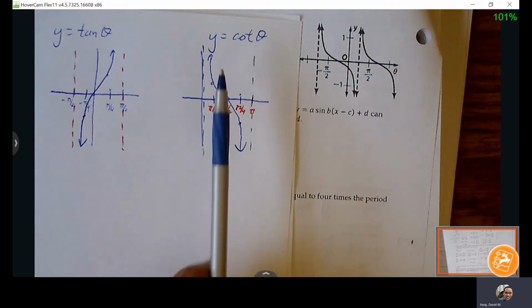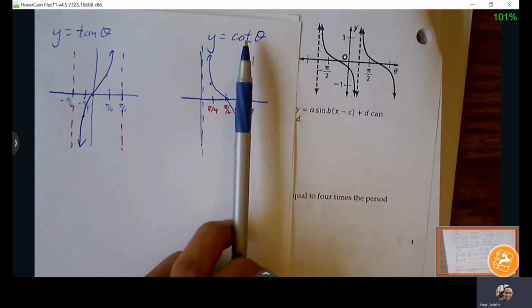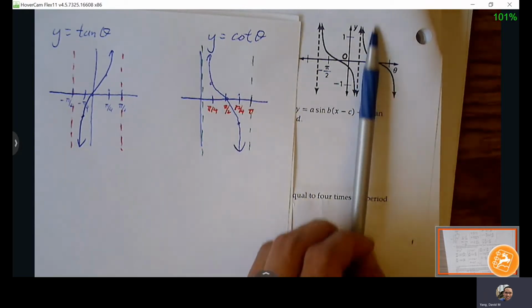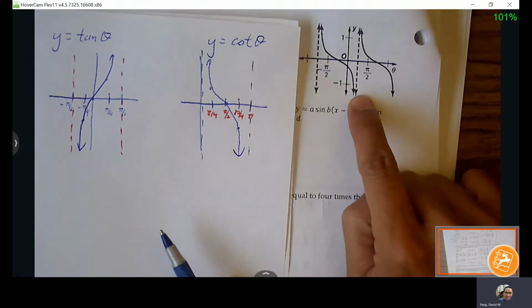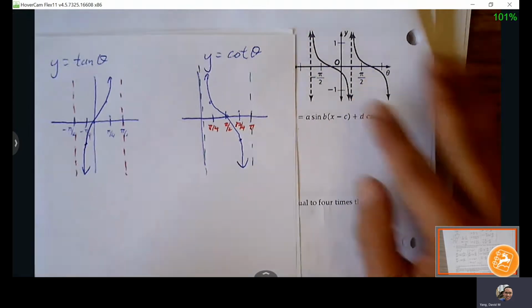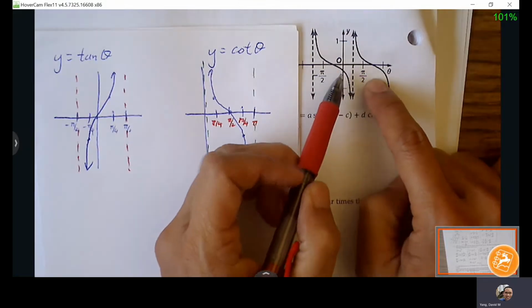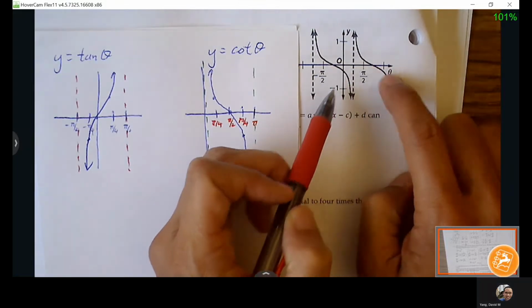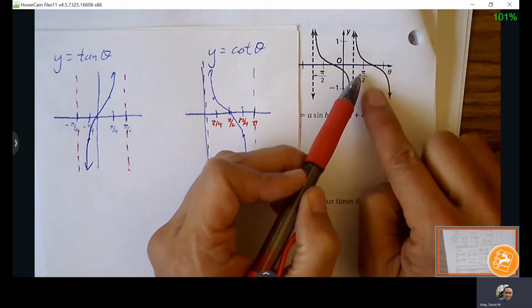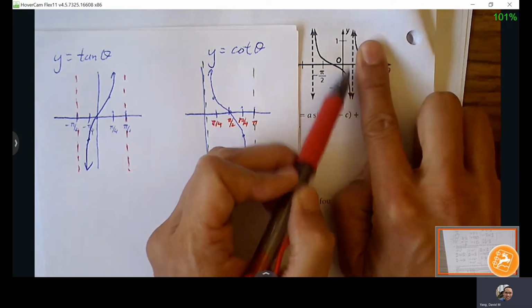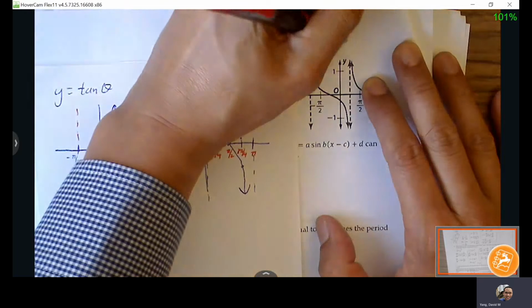Now, cotangent normally goes from 0 to pi, but this one looks like it's starting at... where do you think that asymptote is occurring here? So this is half a pi, so I think this is going to be a 4, right? A 4, okay.